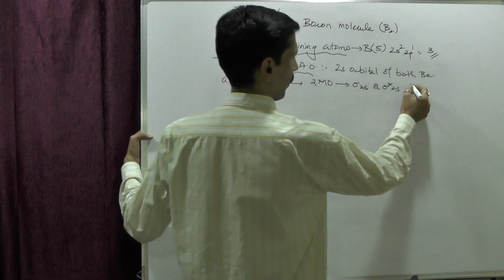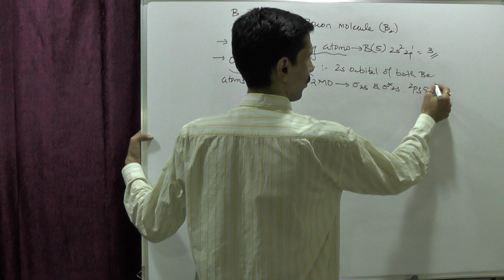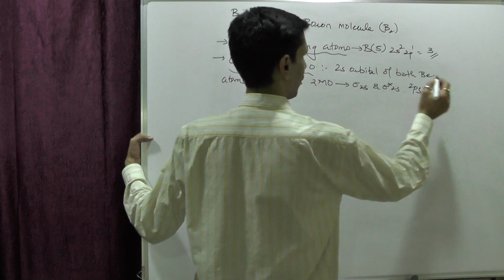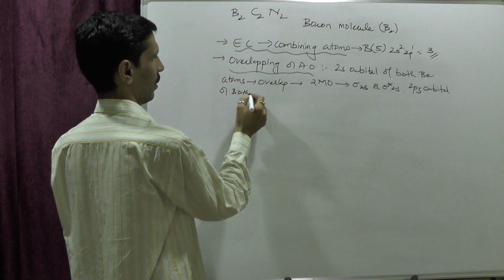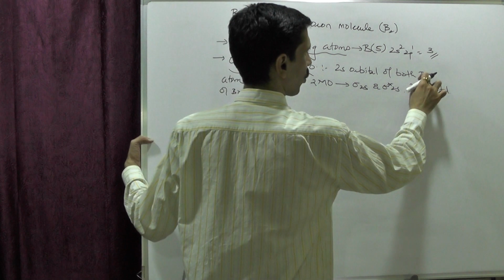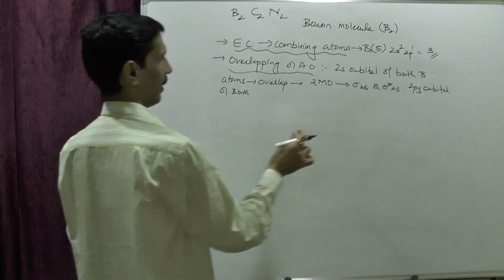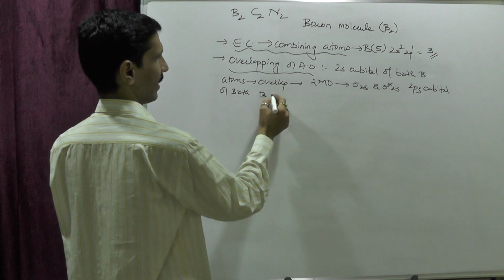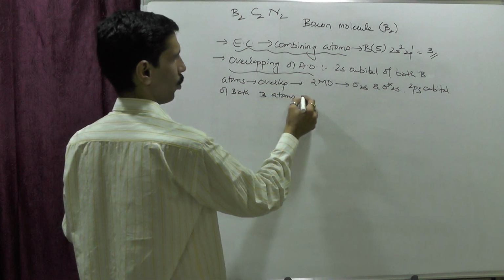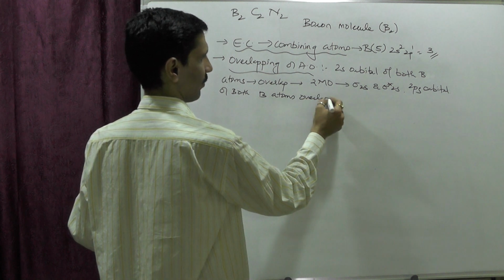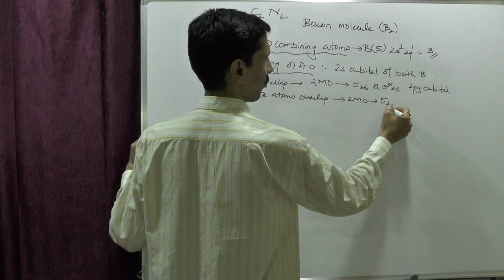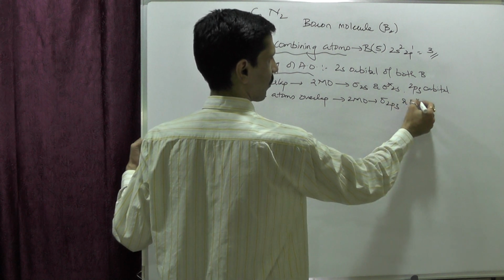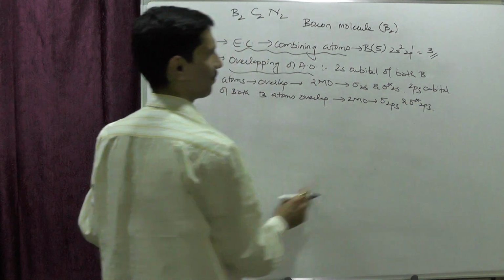Next we have 2pz orbitals. So 2pz orbital of both boron, I'm sorry, it's not beryllium, it's boron, of both boron atoms overlap. It will also result in 2 molecular orbitals, which are those, sigma 2pz and sigma star 2pz.